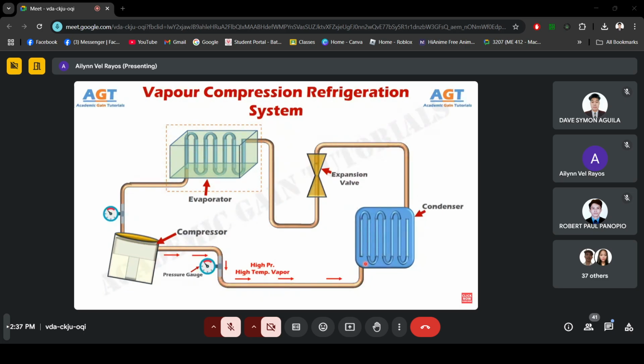Here, we have a condenser. When high temperature, high pressure vapor refrigerant enters this cold condenser, the condenser absorbs the heat from the vapor refrigerant and completely converts it into liquid. This condenser can be water-cooled, air-cooled, or cooled by any other substance from an external source, which will liberate the latent heat of the vapor coming into the condenser, and thus condensing keeps happening.